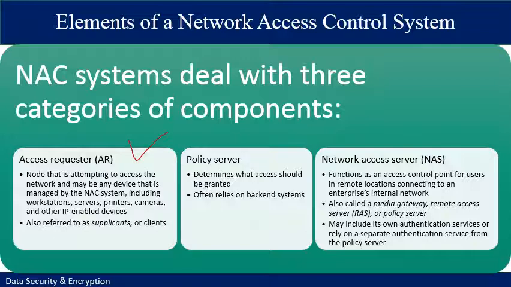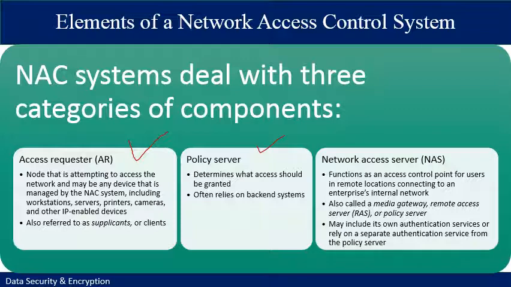These are the nodes that are attempting to access the network, and it may be any device such as a mobile or a computer or any other workstation, and it will be managed by the network access control system, including servers, printers, cameras, and other IP-enabled devices. This is also referred to as supplicants or clients.